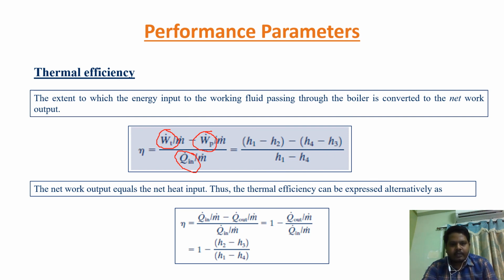We already derived the equation for work done by the turbine per unit mass, H1 minus H2, the work input to the compressor per unit mass, H4 minus H3, and the heat addition to the boiler, H1 minus H4. Now the thermal efficiency equals (H1 minus H2 minus (H4 minus H3)) divided by (H1 minus H4). This total equation is in terms of enthalpy.